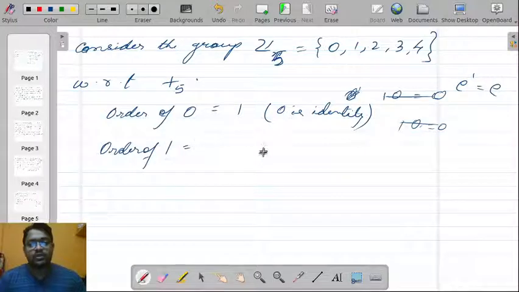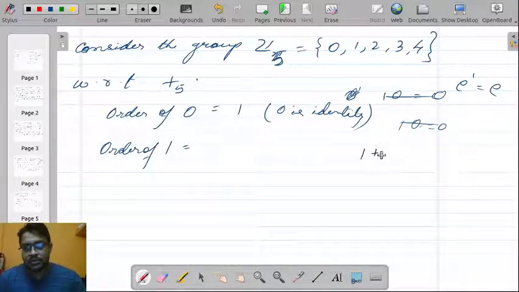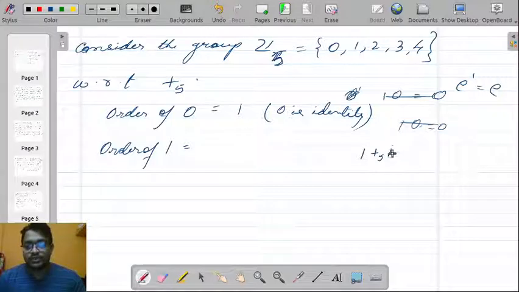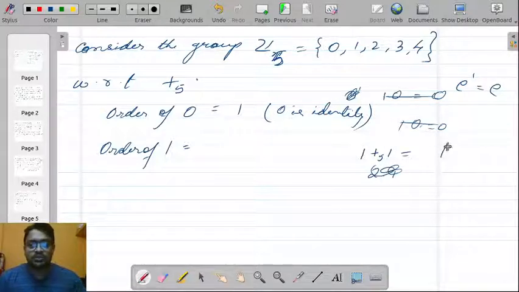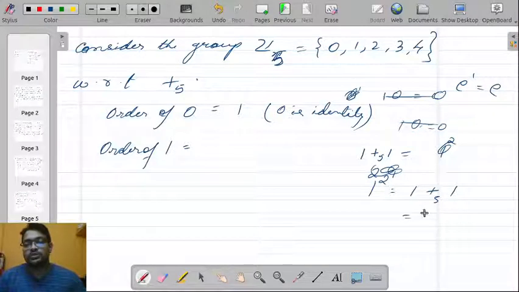What is the order of 1? Let us try. We have to find how many times 1 has to be operated on itself to get 0. If we operate 1 plus 1 twice, this is something like 2 into 1, but let us stick to this notation, 1 square only. Here 1 square is actually 1 plus 1 modulo 5, so that is actually 2, which is not equal to 0.